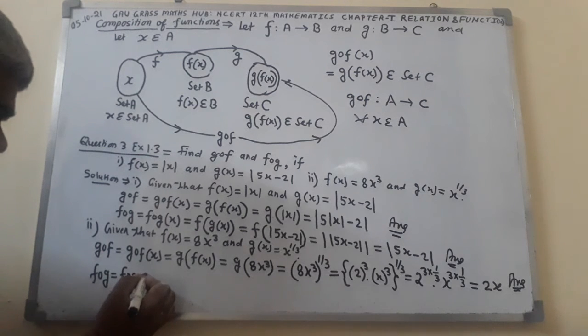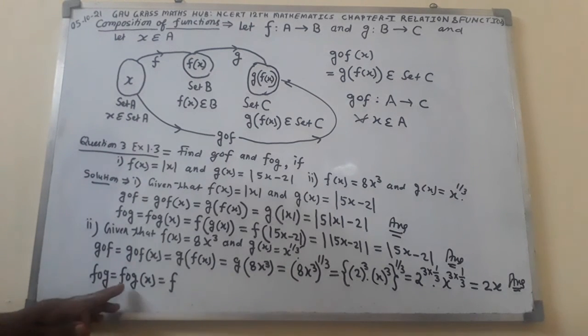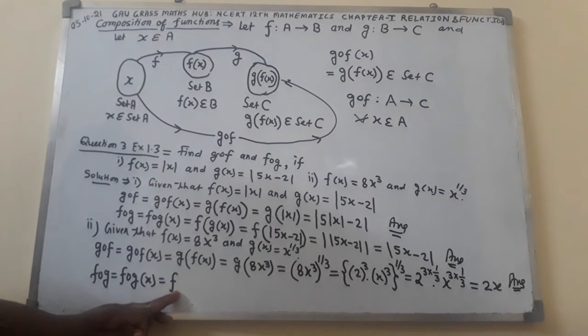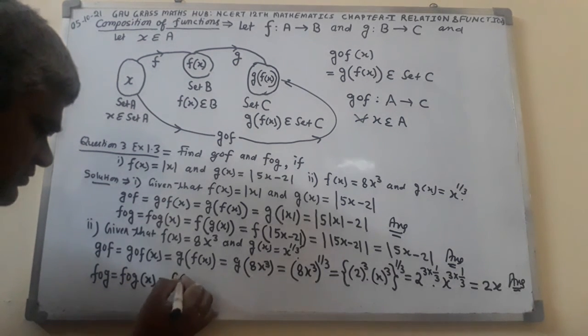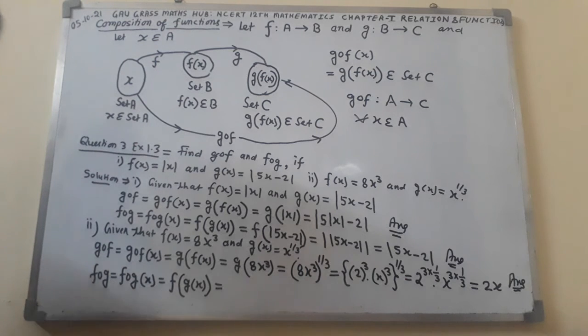So here just write x equal to f, in place of small o, I shall write opening of circle bracket, g of x.